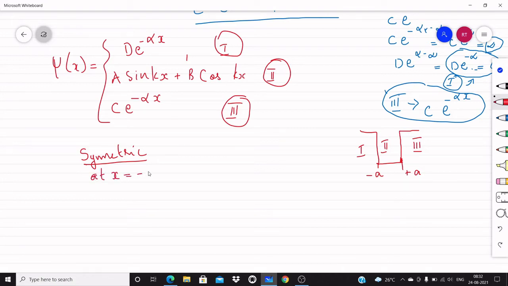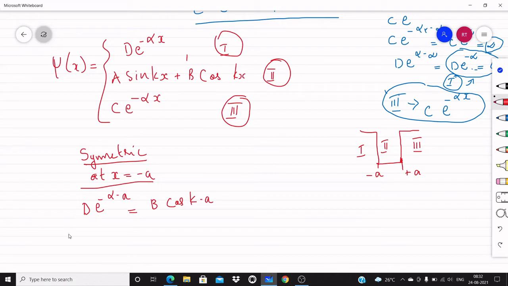Applying x equal to minus a at the boundary of regions 1 and 2, we have d e raised to minus alpha into minus a should be equal to b cos k into minus a, and also its derivative.